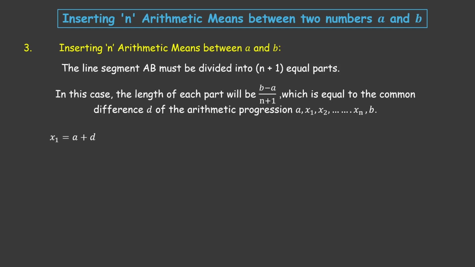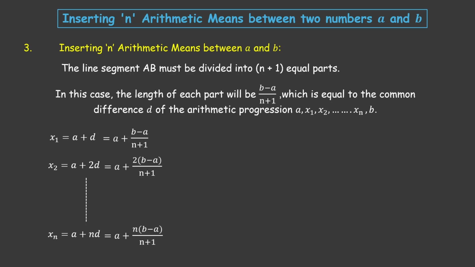Let's find x1, which is, we know, a plus the common difference. So a + (b - a)/(n + 1). Similarly, we can find x2, that's a + 2(b - a)/(n + 1). And just like that, we can find the nth term as well, xn, which will be a plus nd. So a + n(b - a)/(n + 1).